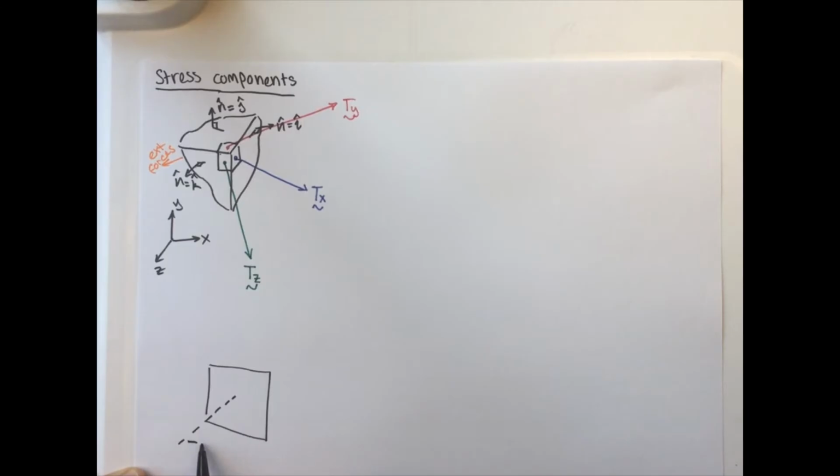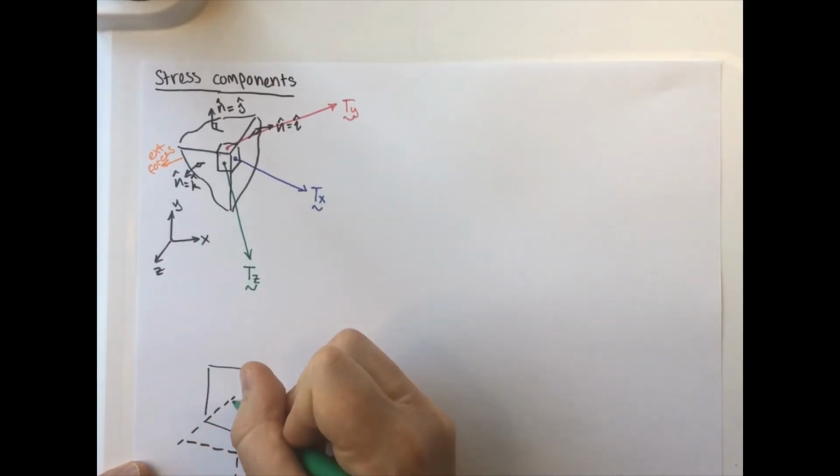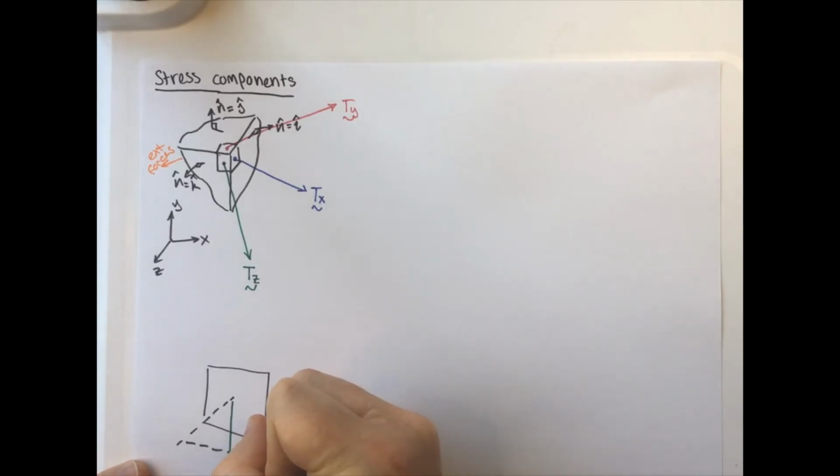No, that's going to be in the X direction. That's going to be in the Y direction. And so maybe our vector is going to stop right about there. So that again is the traction vector in Z. And you can see that we're going to have 3 different components.